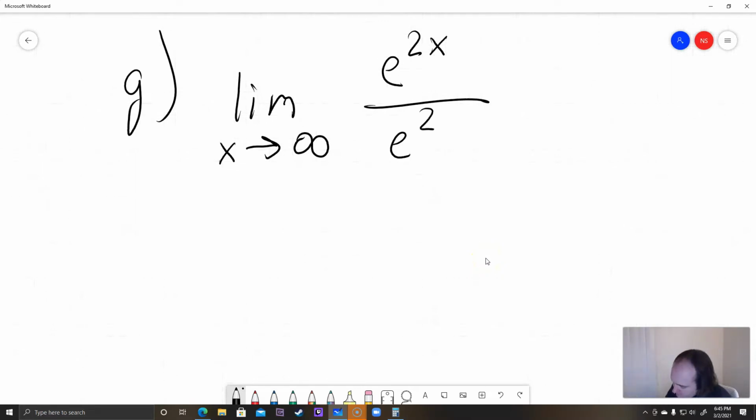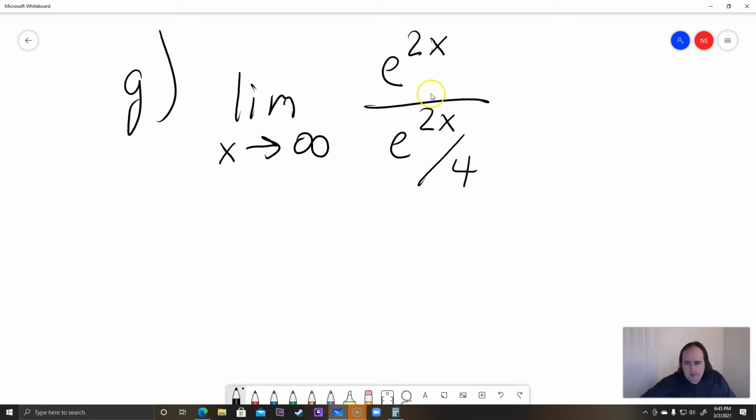Alright, so if you think about this, this is actually the easiest one on the whole homework if you can just realize what you can do here.